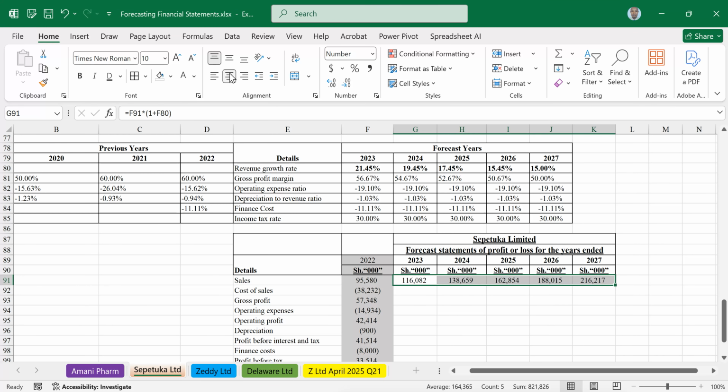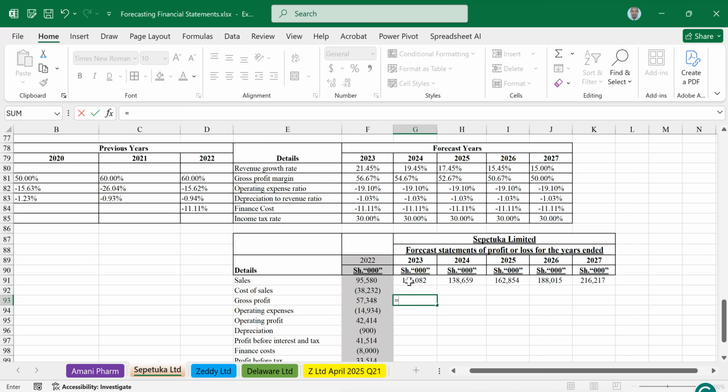Revenue. Cost of sales is not given. There is no way of getting cost of sales, but you know we can get gross profit margin. So gross profit margin is given up here. So you simply multiply this with revenue. If you multiply this with revenue, then you are going to get the gross profit. So go to gross profit and say equal sign.